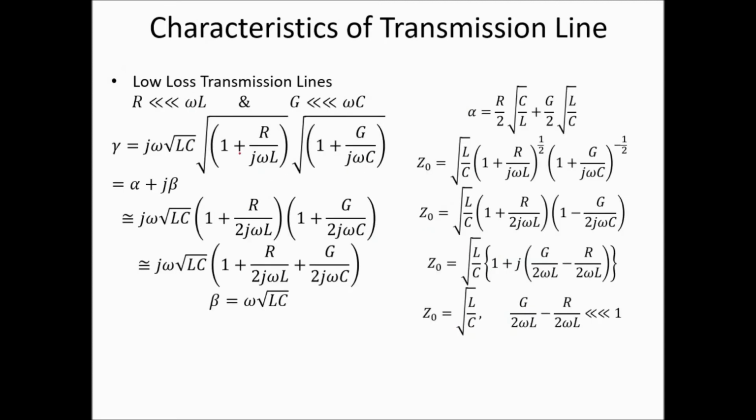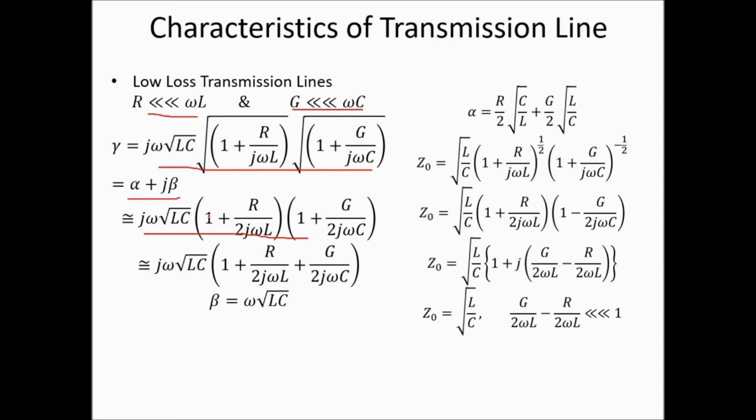Now for a low loss transmission line, we are assuming R is very, very small compared to omega L and G is very, very small compared to omega C. Now if we take the gamma expression here, gamma is like this. Now we can write it as alpha and beta. We can separate it like this, j omega L. We can break down this one, so it's a square root of this.